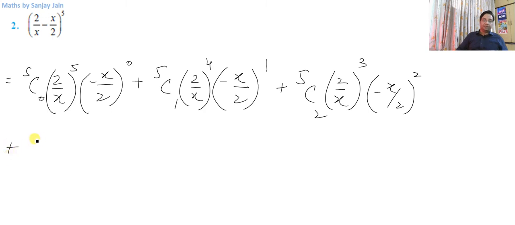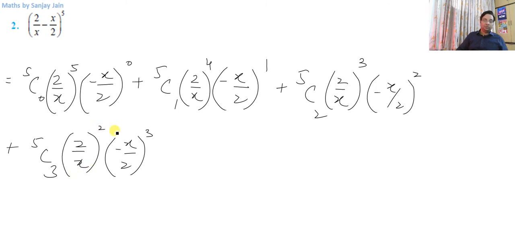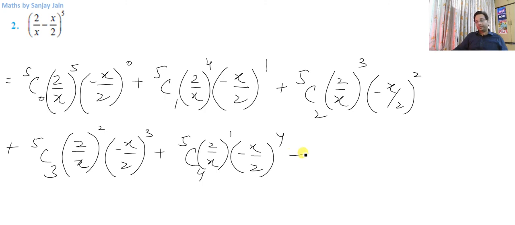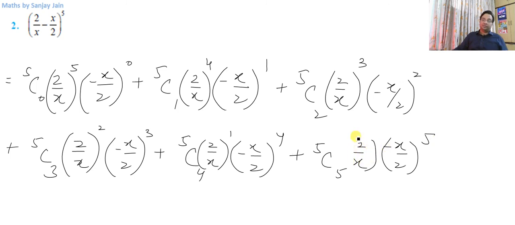Then plus 5C3 (minus x by 2) raised to power 3, (2 by x) raised to power 2. 5C4 (minus x by 2) raised to power 4, (2 by x) raised to power 1. 5C5 (minus x by 2) raised to power 5, (2 by x) raised to power 0.